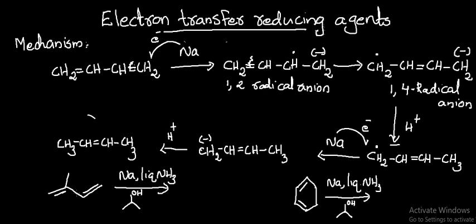What will be the product when this butadiene undergoes reduction using sodium in liquid ammonia? This is a conjugated diene and it will convert into an isolated olefin.